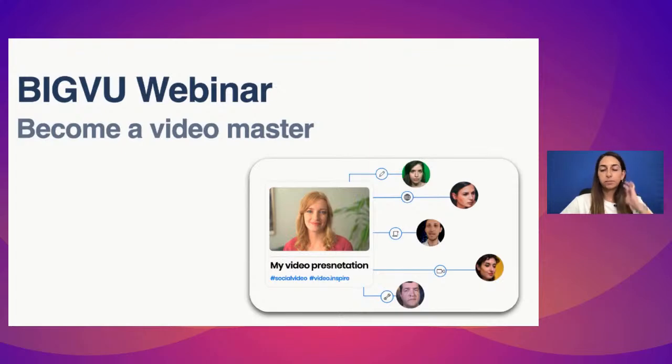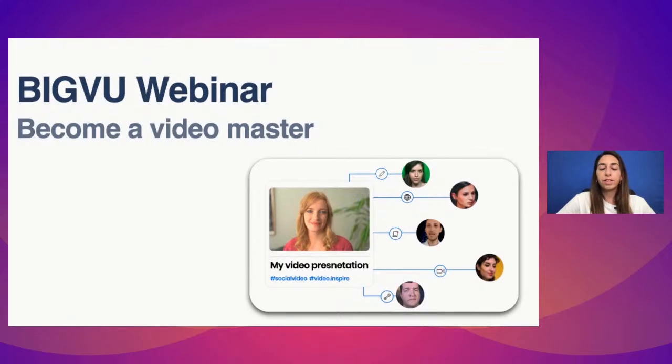Okay, so let's start. Welcome to the BIGVU webinar. Today, we will go over all the advanced features of BIGVU that will help you take your videos to the next level and look like a pro. In general, BIGVU is like a studio production in your pocket. With BIGVU, you can get the full package.